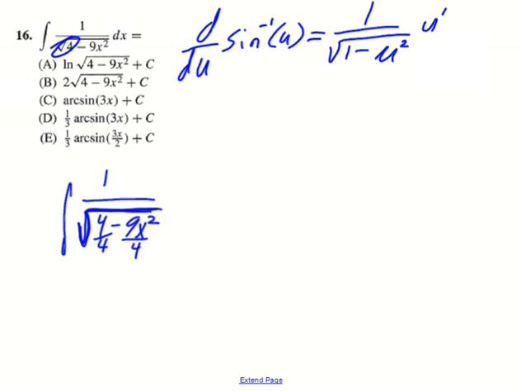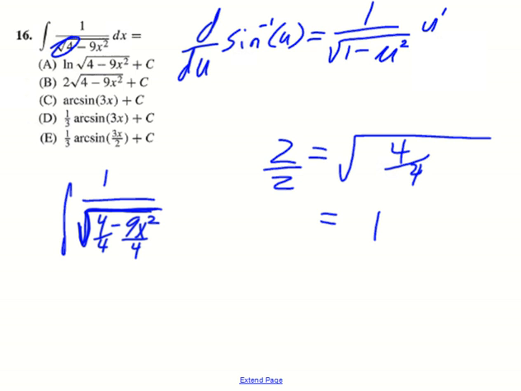And this is why I say that if we have the square root of 4, you remember the square root of 4 is equal to 2, right? Well, if I come in here and I divide by 4 on the inside of this square root, then now the result of this square root is 1. Well, how do I get that to match this 2 on the outside? Divide by 2.